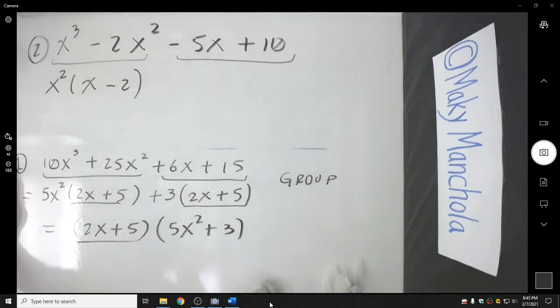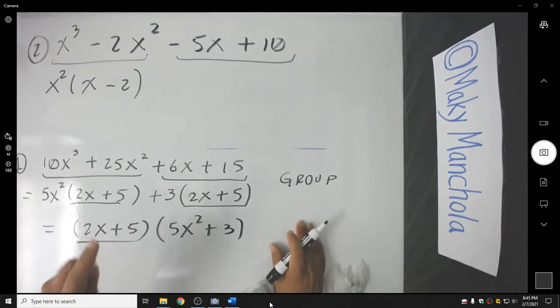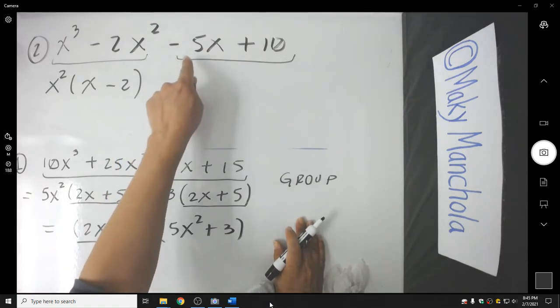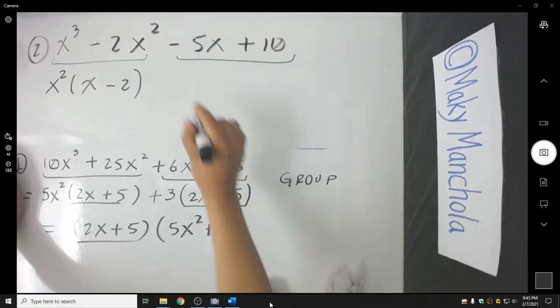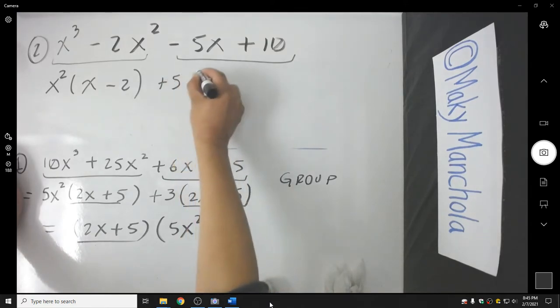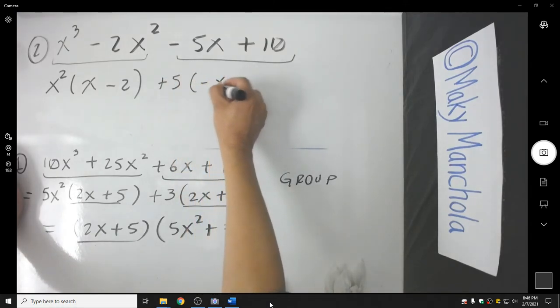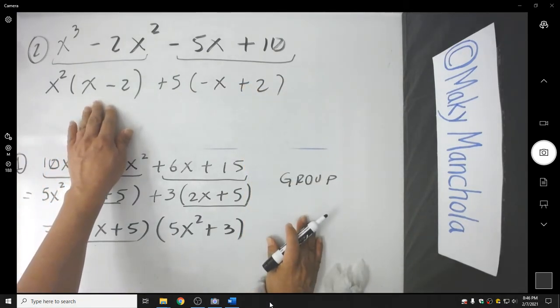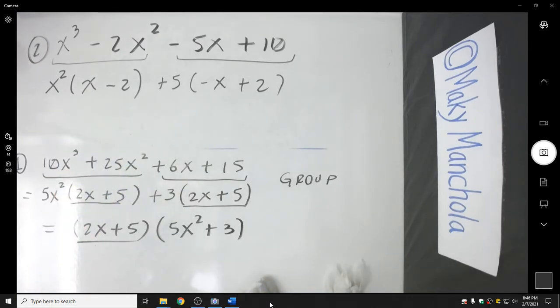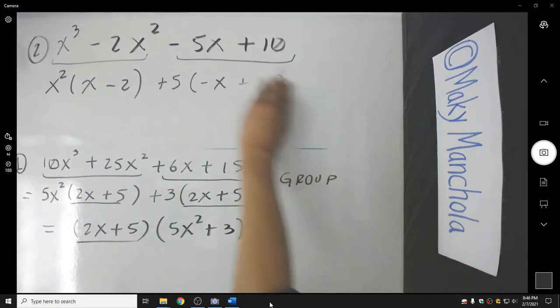In the second group, the greatest common factor is 5, but if we just factor 5, then we're left with negative x plus 2, which is not quite a common factor here. So let's try this second group again.